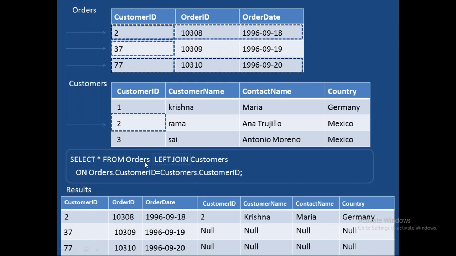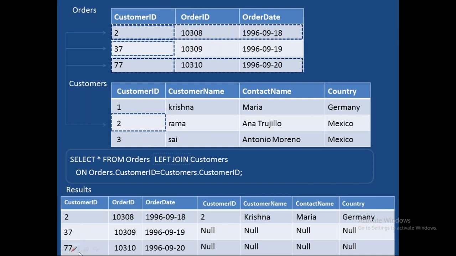Understood what is meant by left join? Left join means the left side table is the orders table, so whatever is matching with the right table, take that in place. All the remaining records from the left table you need to take. The remaining records from the left table are 3 and 7. In another way, left join means all the records from the left table.